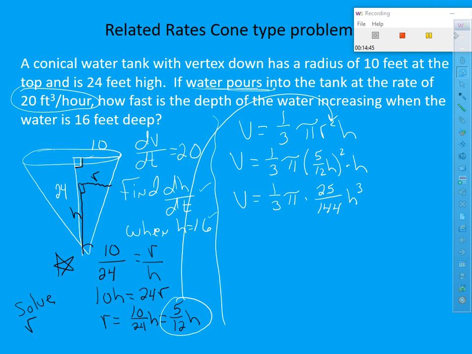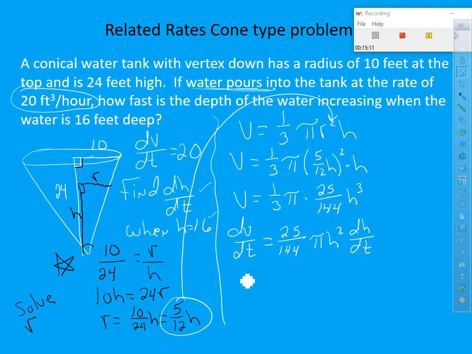Now, believe it or not, we still haven't done any calculus yet. So now let's find the derivative. dV/dt is, the 3 comes down and knocks out this 1/3. So I've got 25 over 144 pi h squared dh/dt. Now let's plug in everything that we know.